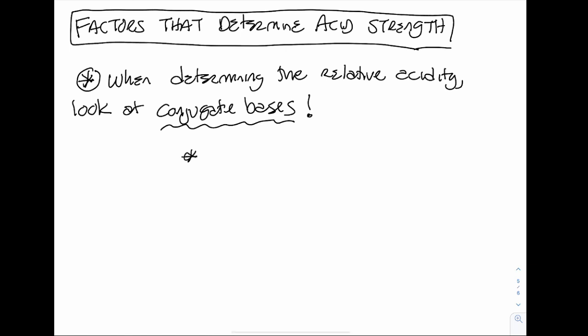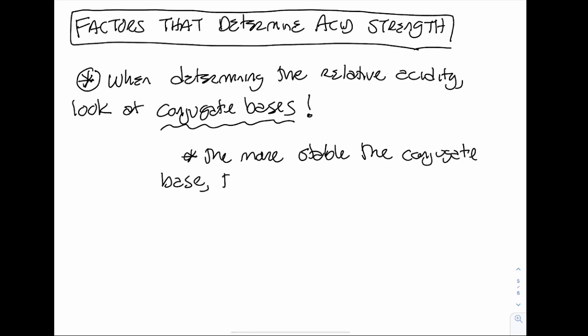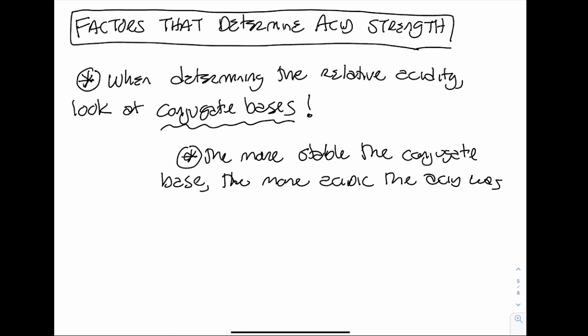So the more stable the conjugate base, the more acidic the acid. We want to form things that are stable, not things that are less stable. So the more stable the product is, the more reactive the reactant is. The base is my product, the acid is my reactant. So I just want to keep that in mind as we go through these.